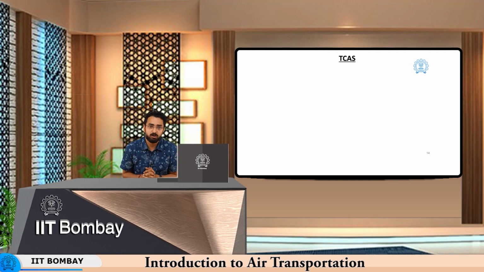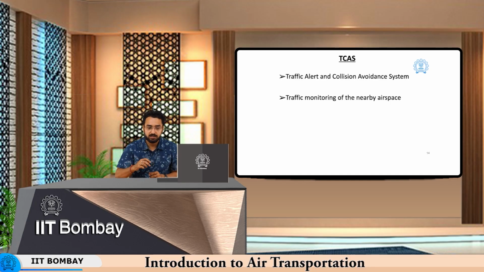One such technique implemented by aircraft these days is called TCAS, which is the short form of Traffic Alert and Collision Avoidance System. This system provides continuous traffic monitoring of the nearby airspace, and hence the pilot is much more aware of the airspace irrespective of the ATC controller instructions.